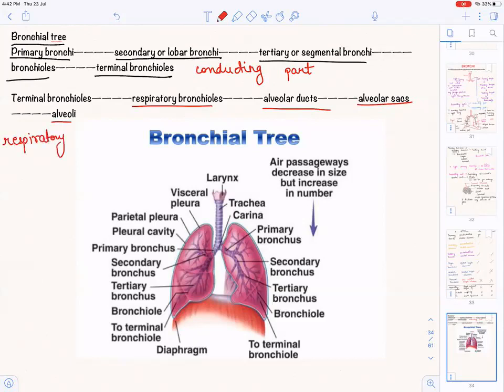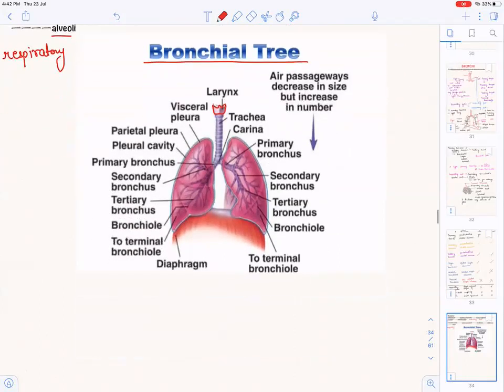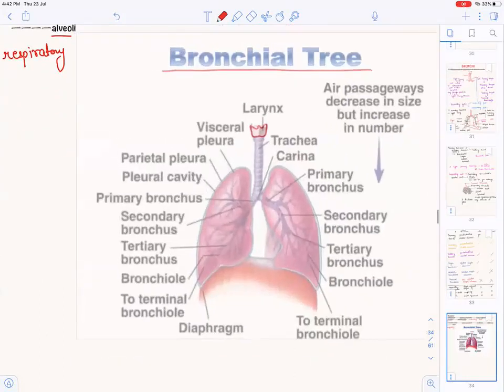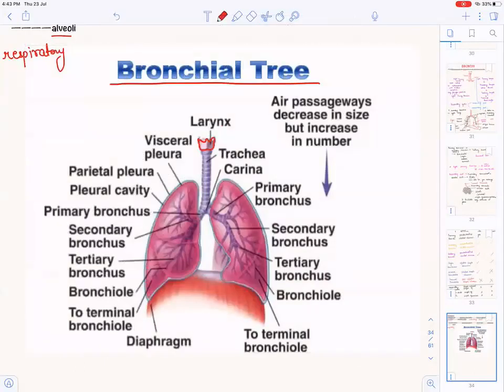Okay, so this is the bronchial tree that they are showing. This is the larynx that they are showing. I can just increase the size so that you can easily see it. And this is the trachea with its cartilaginous rings, and it's going inside. You can see this fissure, and this is a median fissure. So this is getting divided.